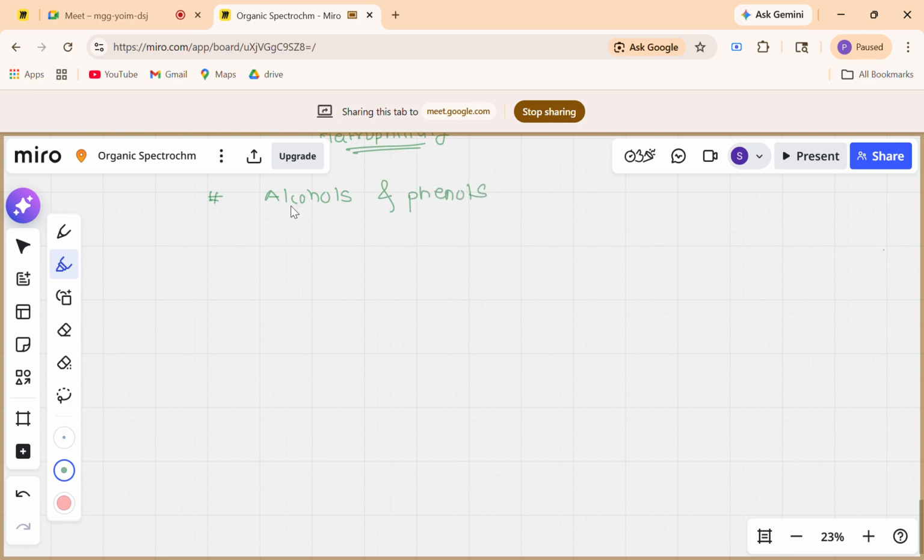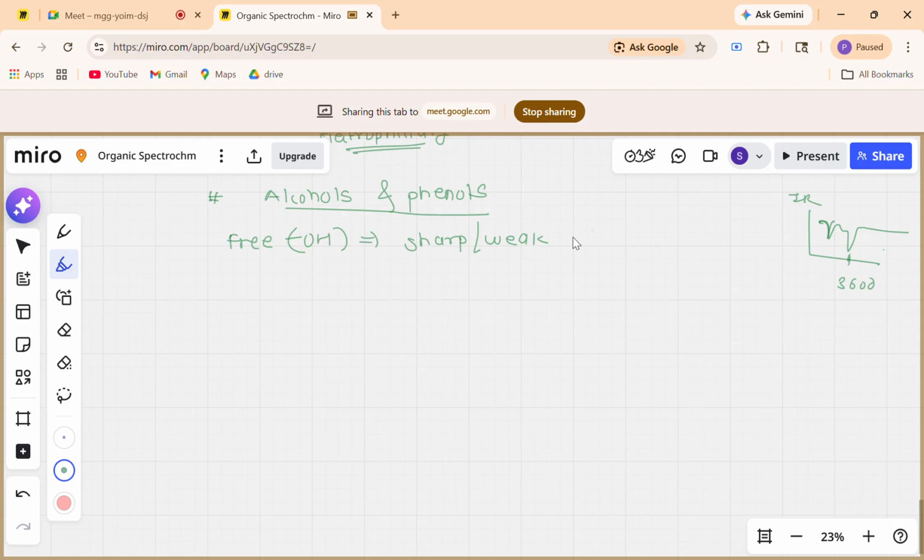Okay, now let's discuss some other short points in IR spectra. So when we are talking about alcohols and phenols, remember that if there is a free OH present in a molecule, then you will get a very sharp and weak peak, I'm talking about intensity.